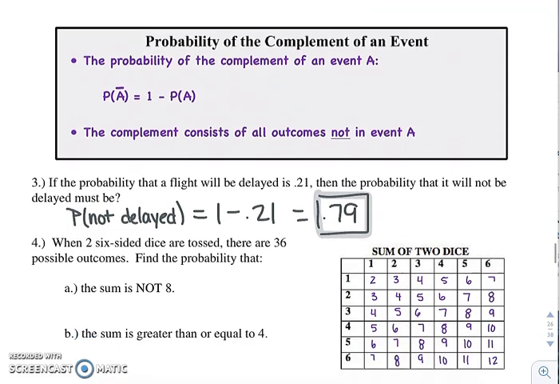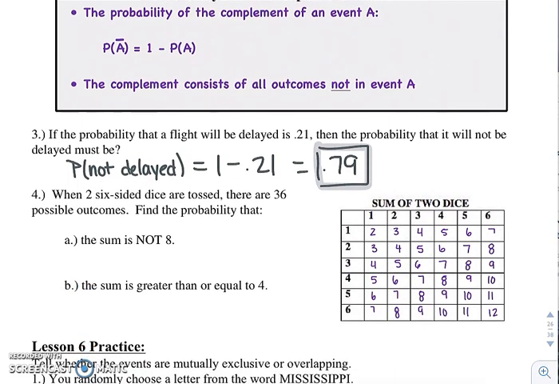So for number 4, when two 6-sided dice are tossed, and I wrote down all the outcomes already, there's 36 total. So find the probability A, that the sum is not 8, or B, the sum is greater than or equal to 4.